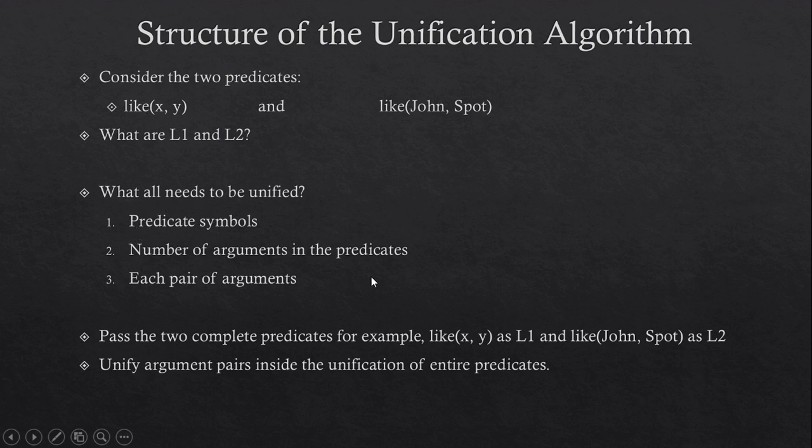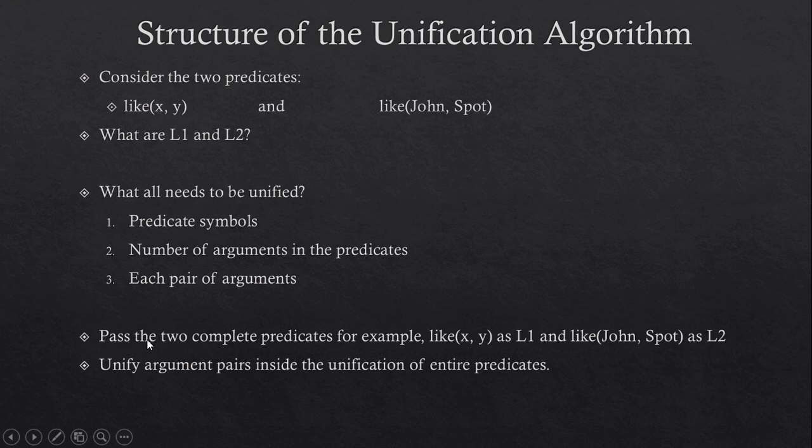If we pass two complete predicates, for example, like x comma y as L1 and like John comma Spot as L2, the predicate symbols are accessible to the algorithm and can be compared, and also the number of arguments is available and can be compared. So L1 and L2 can be two complete predicates like x comma y and like John comma Spot. But notice something special here.